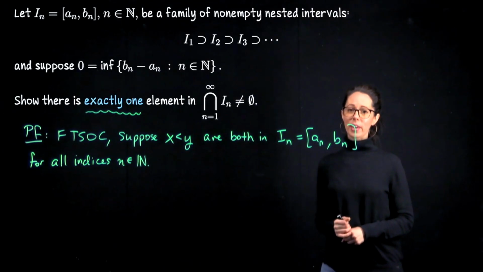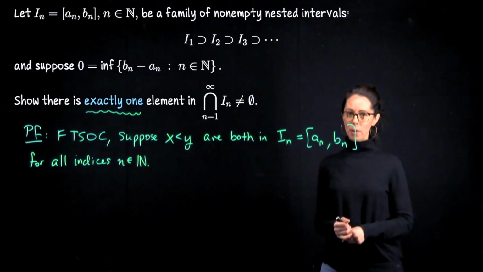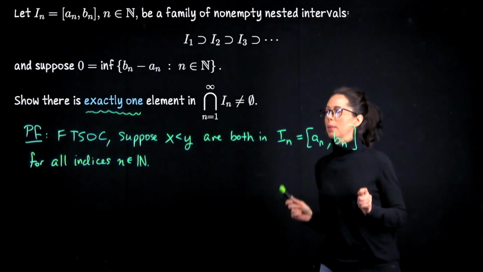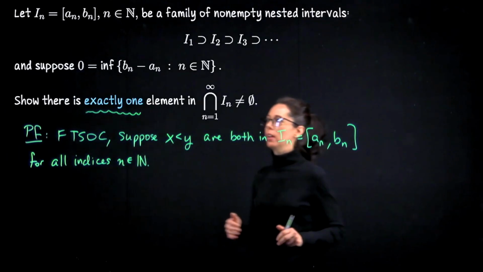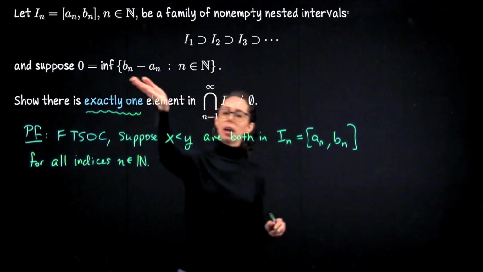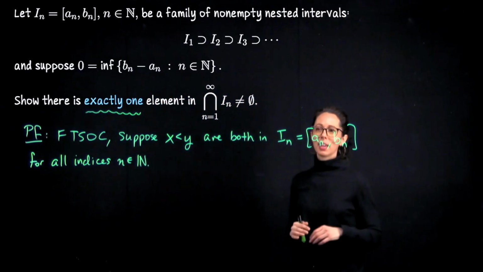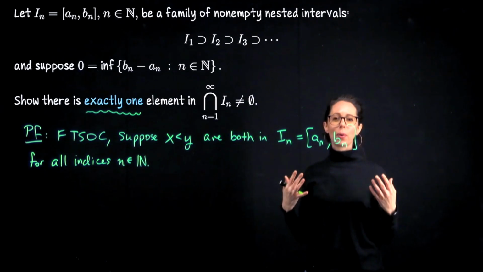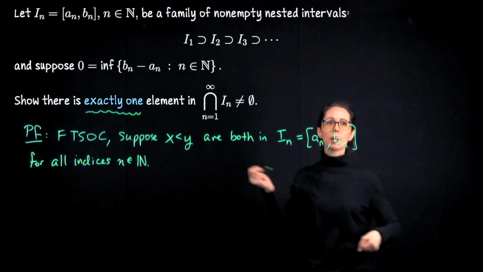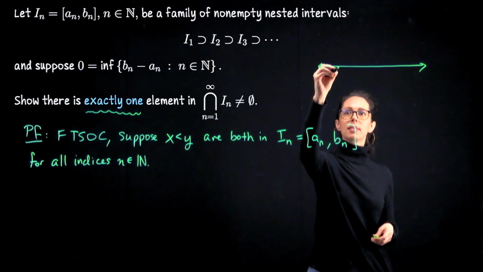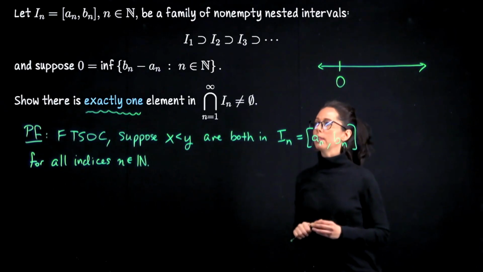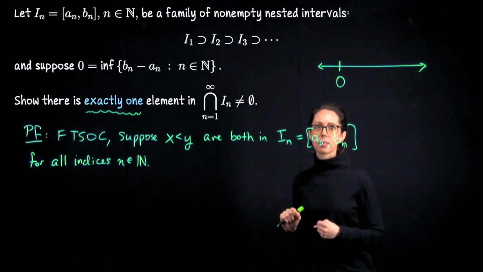What I wanted you to think of was the criterion for a set supremum that we learned previously, but this time recast as a criterion for a set infimum, because here we have that 0 is the infimum of the set of widths. So let's just work through what the criterion should look like for an infimum. Okay, we have that 0 is our set infimum for this set of widths.